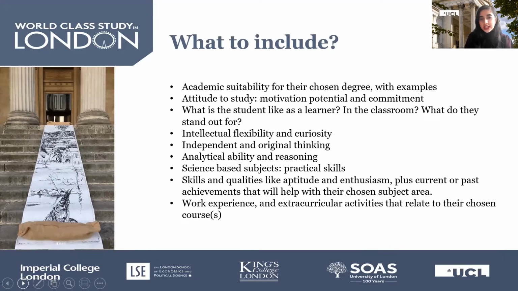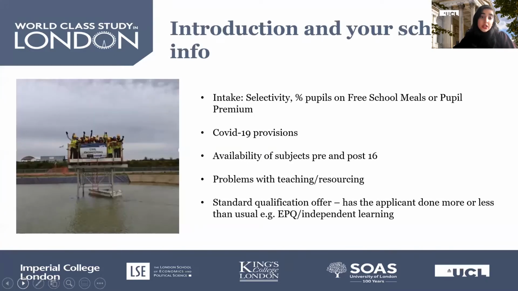So as I said, there's no strict structure that the reference should adhere to, but the following is a really good jumping off point for you to build on from. And going back to introducing your school, on the next slide, as I said, there's quite a lot of information that we don't know about your school from the application or the reference.